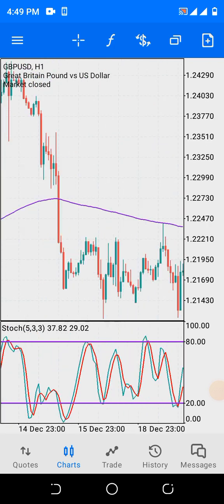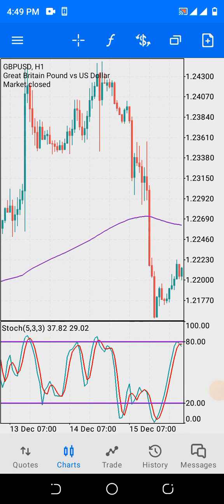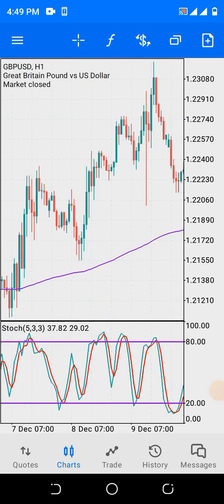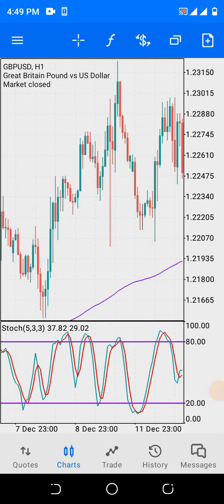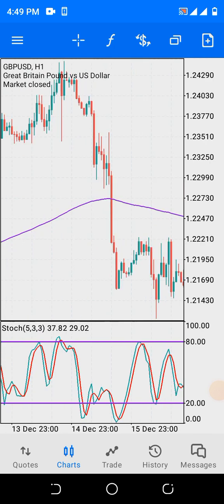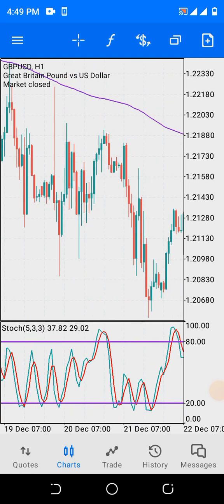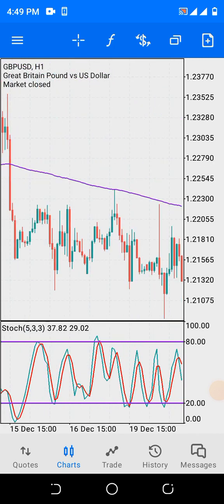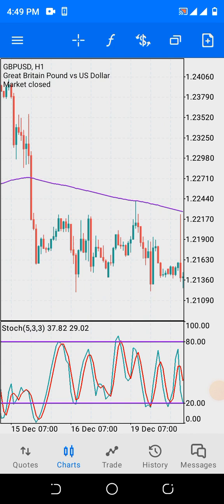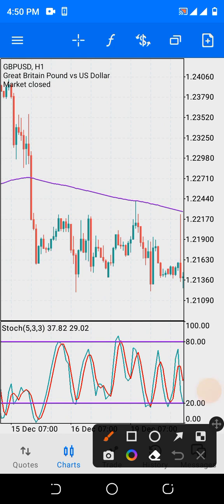Now, this is how the strategy works. First of all, identify the direction of the market. That is the first thing. Identify whether the market is bullish or bearish. You make use of the moving average to identify the direction of the market.